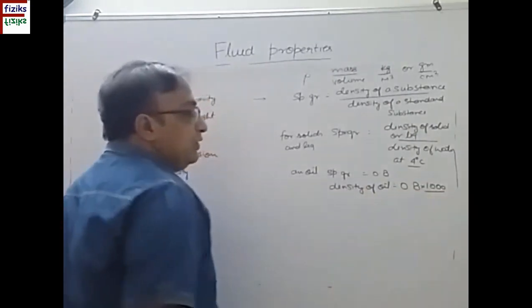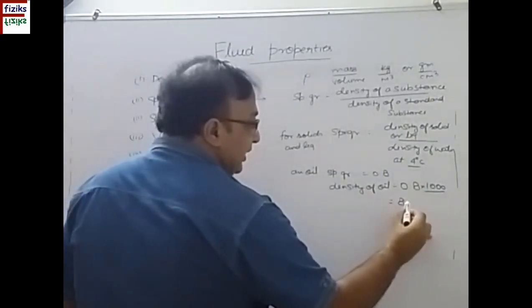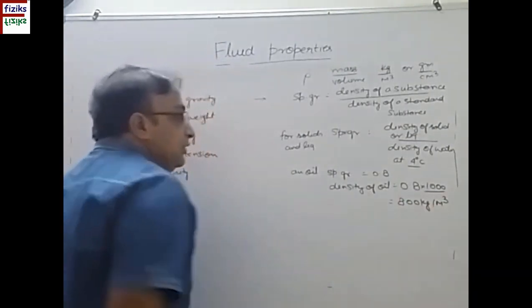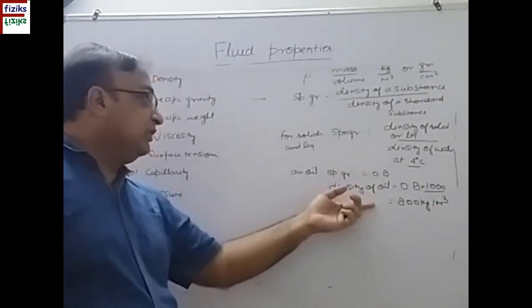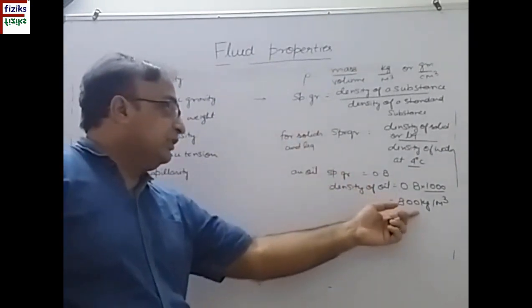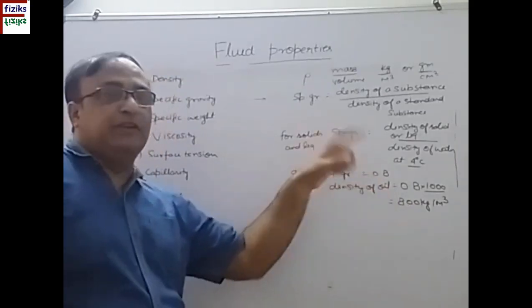This is density of water at 4 degrees Celsius, 1000 kg per meter cube. It is 800 kg per meter cube. So if specific gravity is less than 1, it means that this oil or the other substance, whatever given, is lighter than water. If it is more than 1, this is heavier than water.